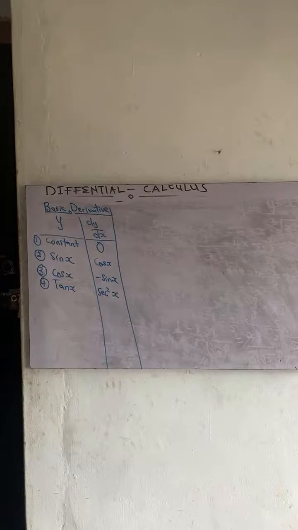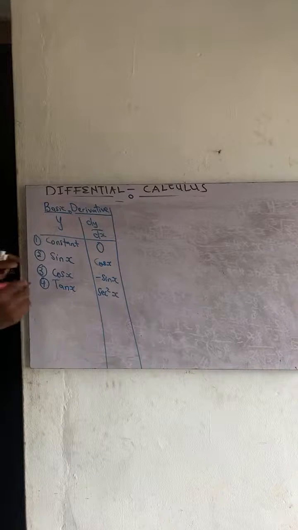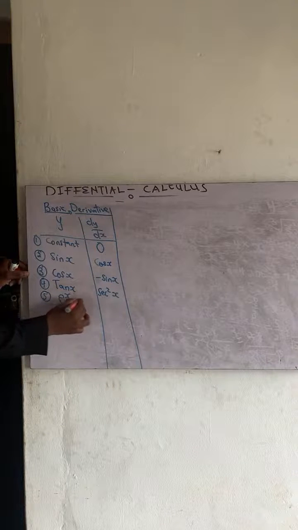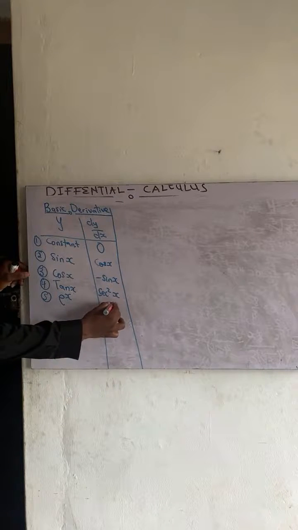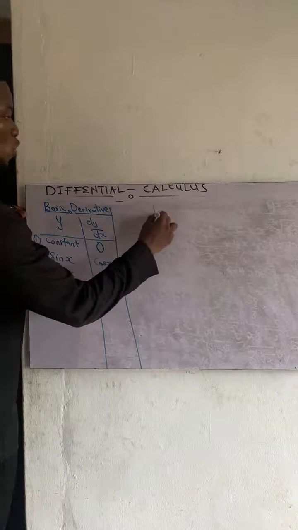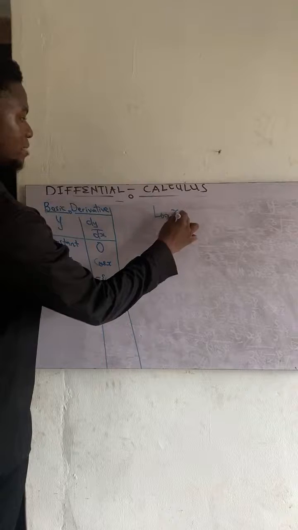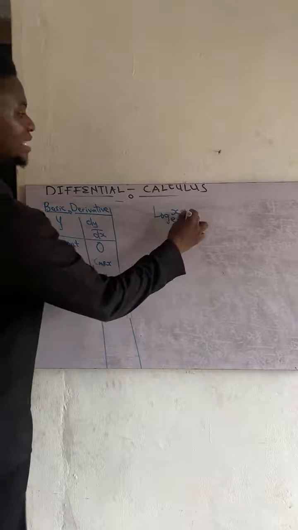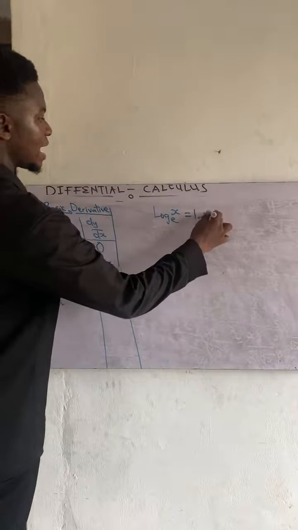The next thing I want to give you is that the differentiation of e raised to power x would also give us e raised to power x. And whenever you see log x base e, it is the same thing as ln x.